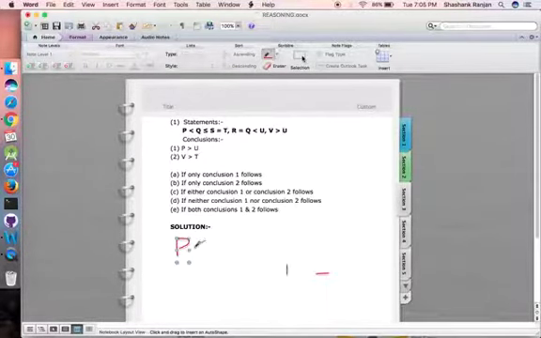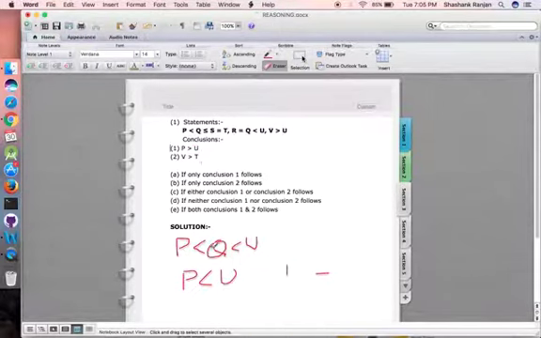P is smaller than Q, and here we see that Q is smaller than U. So P is smaller than Q and Q is smaller than U. So by this we can say that P is smaller than U. But the first conclusion says that P is greater than U. But after solving the equation, P is smaller than U. So this conclusion is wrong.